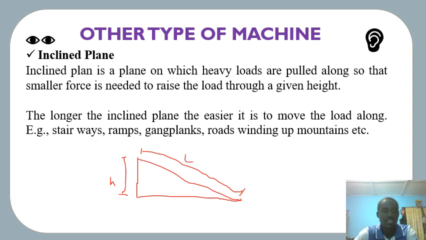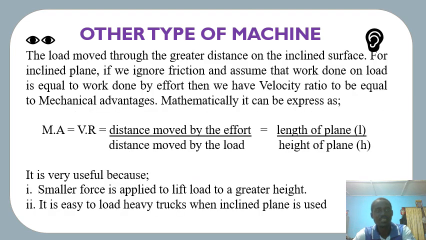An example is the staircase, as I said. Then we have the ramps, the gangplanks, and the roads winding up mountains where we do the speed ramps. You see it goes up and descends down, and they are all examples of what? An inclined plane.